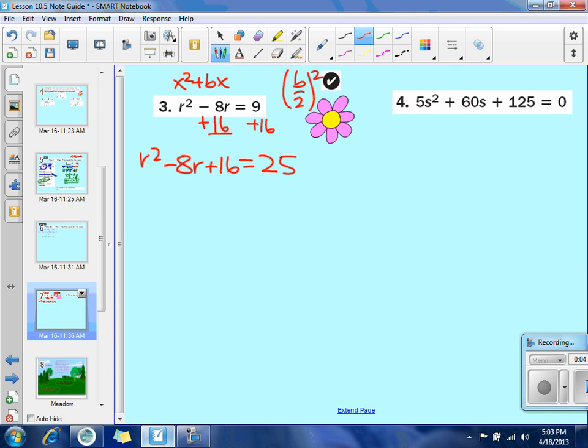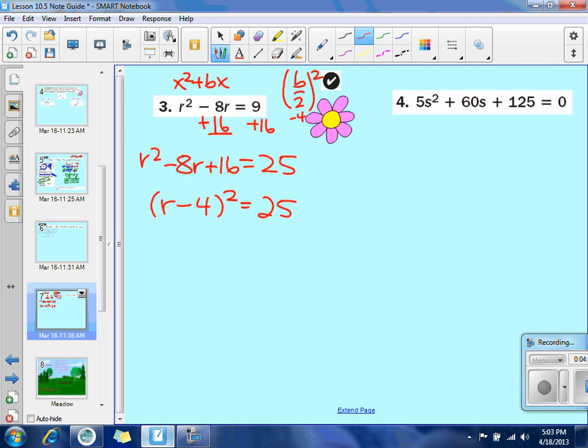The whole point of making it a perfect square trinomial is so that I can factor it to r minus 4 squared. Now look at the factored form I have. Do you remember when we took half of b and we got -4? And then we squared it to finish our perfect square trinomial, but that -4 ends up in our factored form. And that equals 25.